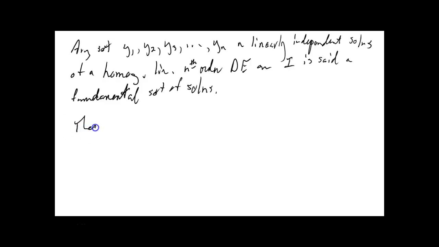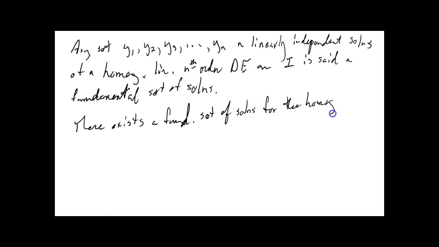Theorem 4.1.4: there exists a fundamental set of solutions for the homogeneous linear nth order differential equation, DE, on an interval I.